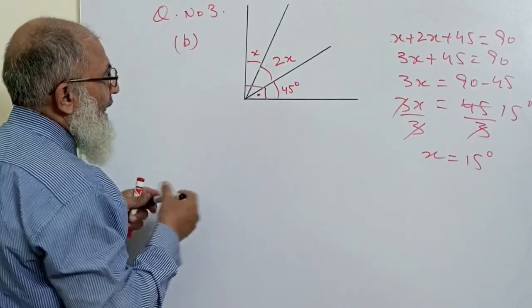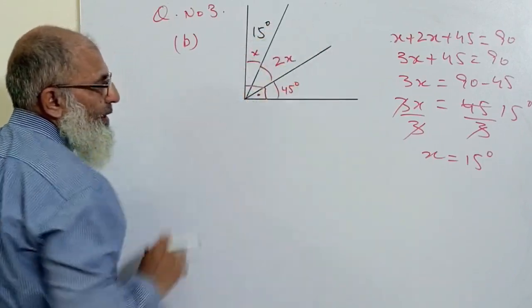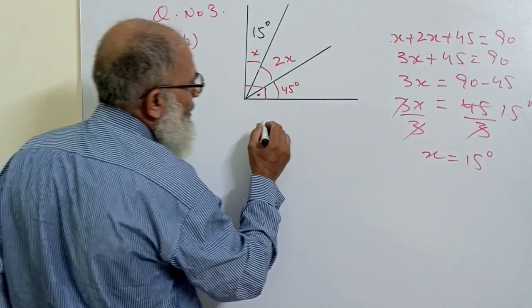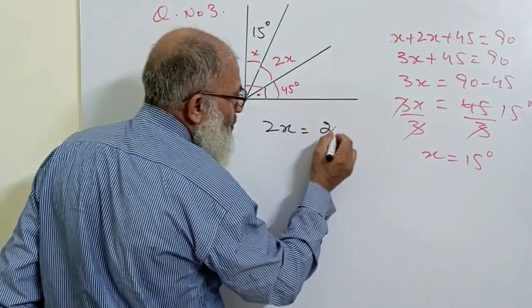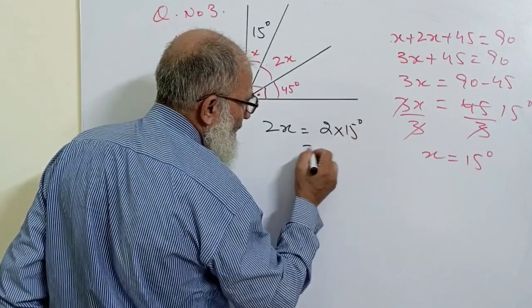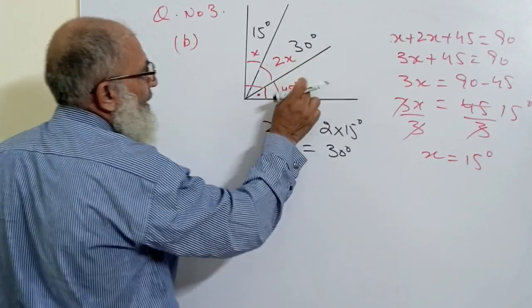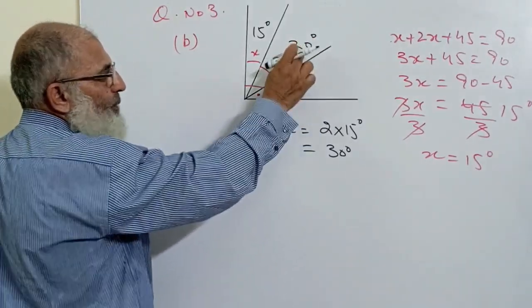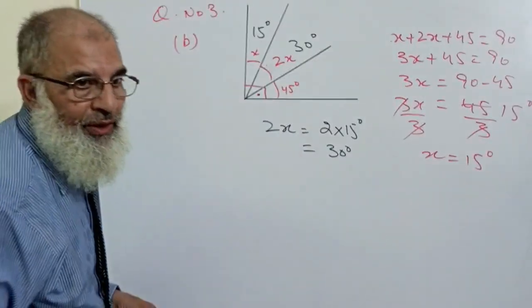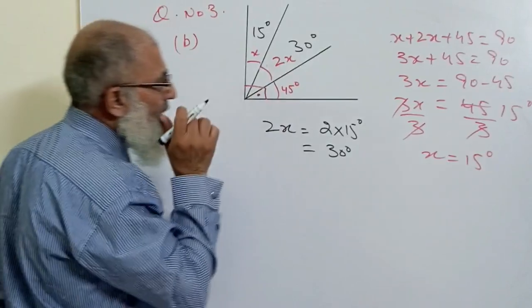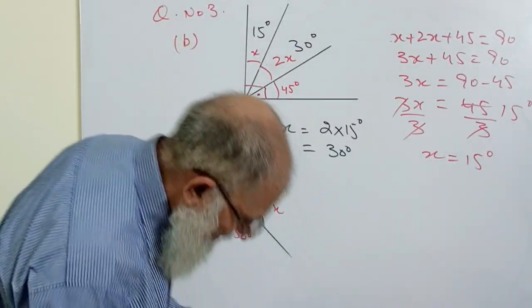So this one angle is 15 degrees, and the angle in the middle is 2x, so 2x is equal to 2 multiplied by 15, which is 30 degrees. Now 30 plus 45 plus 15, 75 plus... is equal to 90 degrees. You see that these are complementary angles.